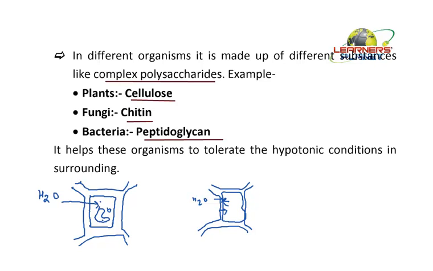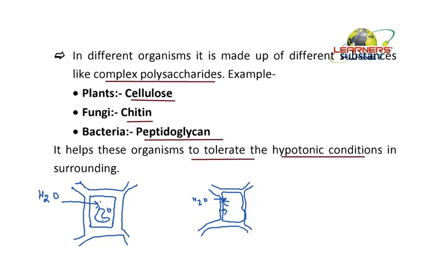And this is how the cell wall present in the surrounding of this particular cell will help the organism to tolerate the dilute conditions or the hypotonic conditions in the surrounding. Normally, if an animal cell is placed in such a hypotonic condition, what will happen?